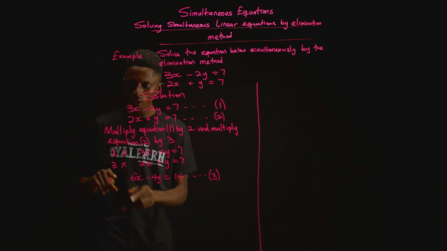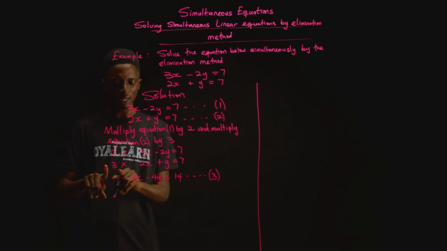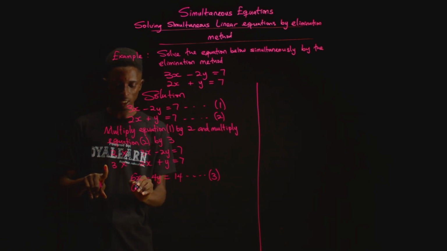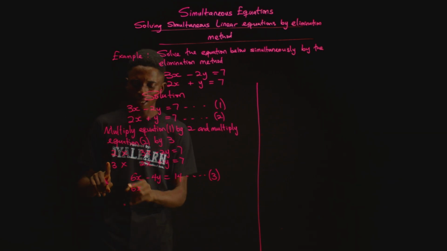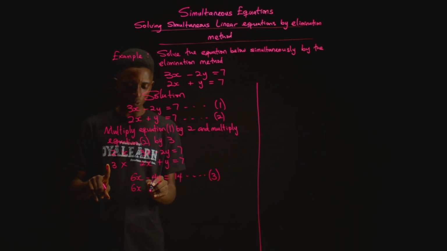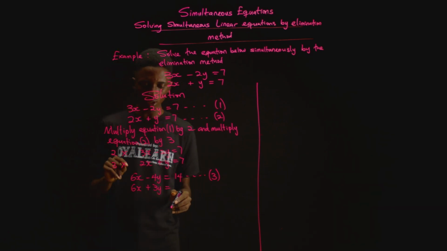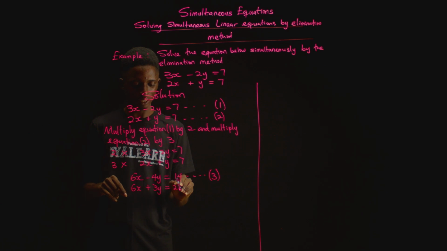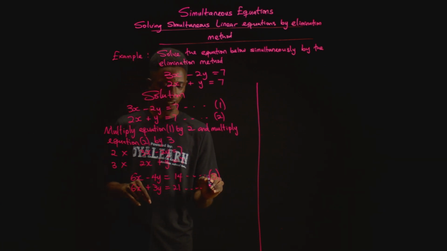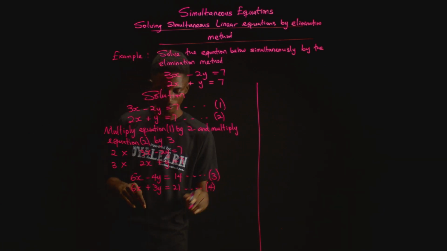Now for equation 4, let's see what we get. 3 multiplied by 2x gives us 6x. 3 multiplied by y will give us plus 3y equals, now 3 multiplied by 7 would give us 21. And this is our equation 4.